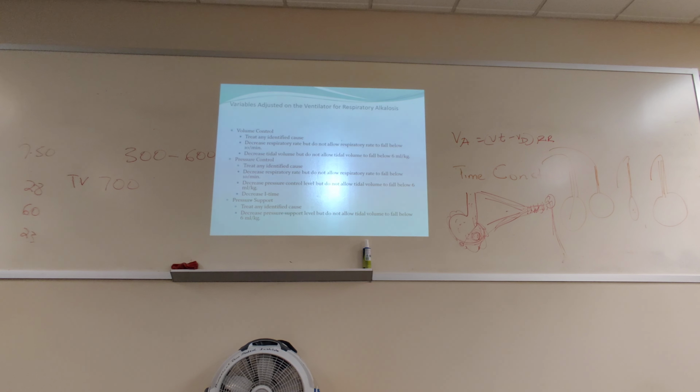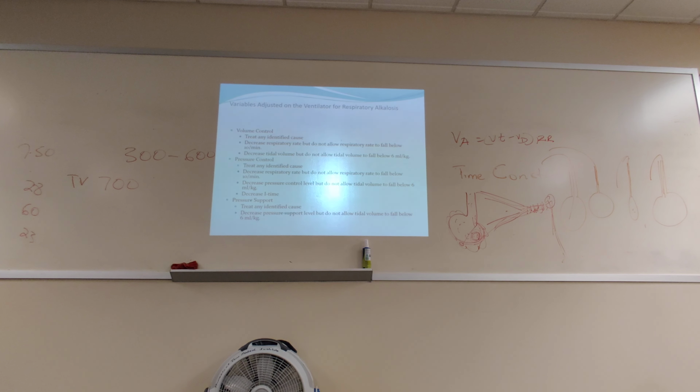That's above the normal limit. So I'm assuming that I'm giving them way too much volume, and that's why I'm blowing off a lot of CO2. So in this instance, instead of decreasing your respiratory rate first, you're going to decrease the tidal volume. That's the only time that you will decrease the tidal volume first. Okay? Any questions about that?